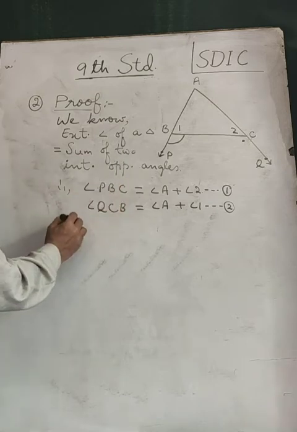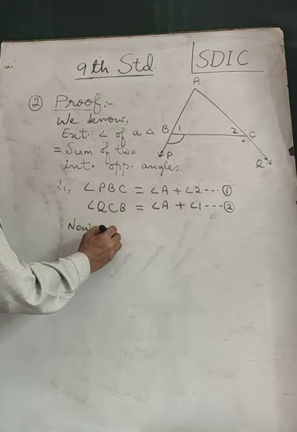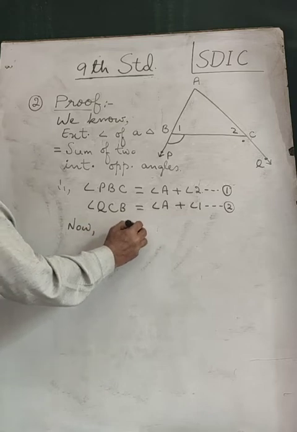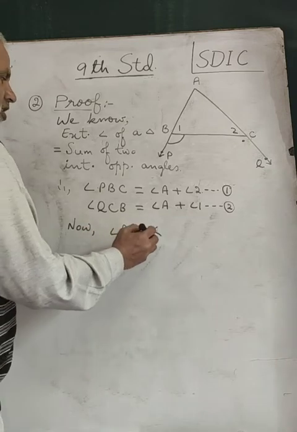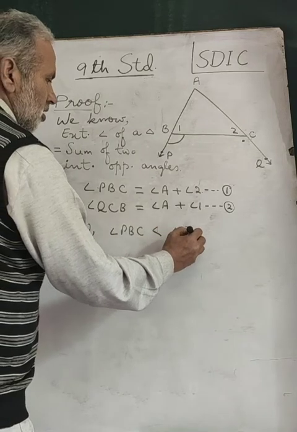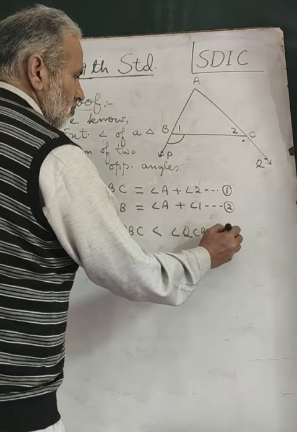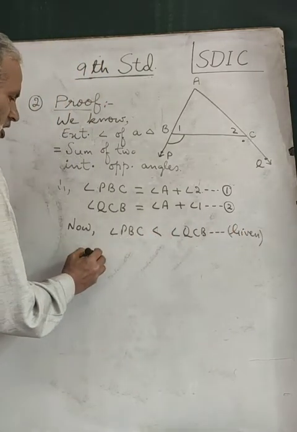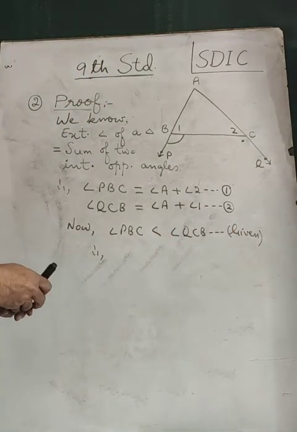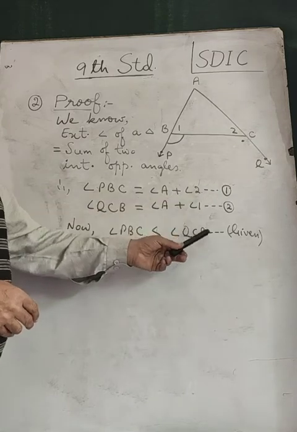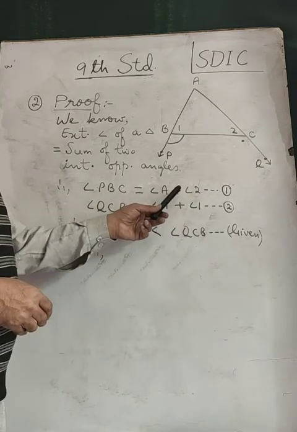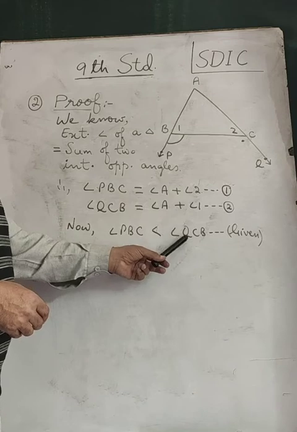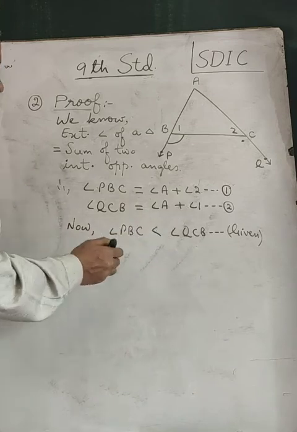Now, it is given that angle PBC is smaller than angle QCB. Therefore, in this result, we'll use the first as well as the second. We'll replace angle PBC by angle A plus angle 2 and angle QCB by angle A plus angle 1. So what will we have?